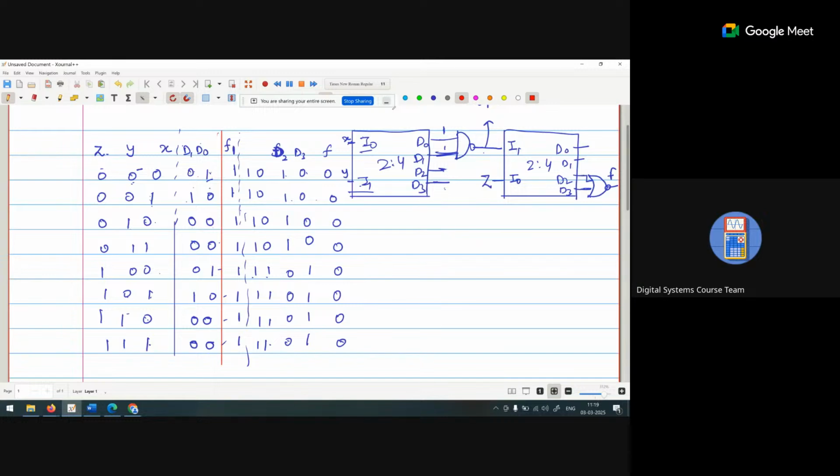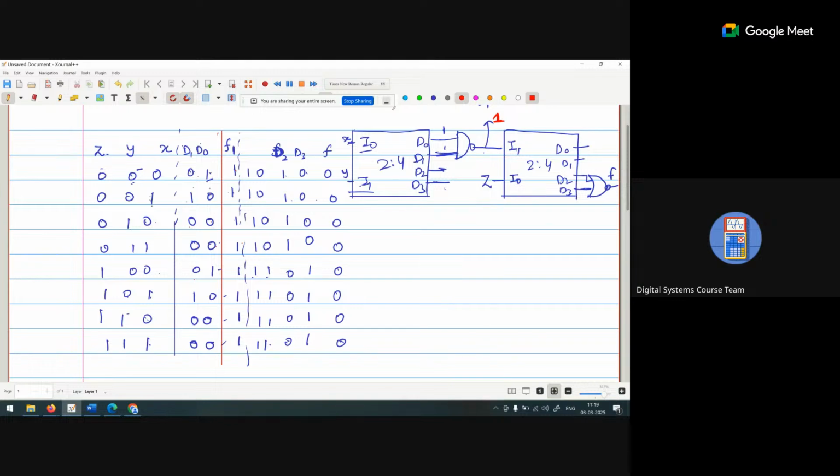If it is 0, 1, the NAND gate provides 1; 1, 0, NAND gate provides 1; 0, 0, NAND gate provides 1. Clear? Yes, sir. So here we are getting 1 as output always.